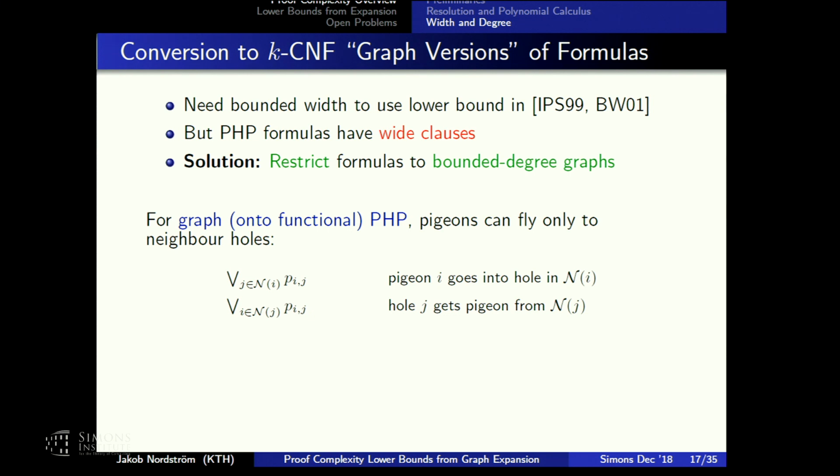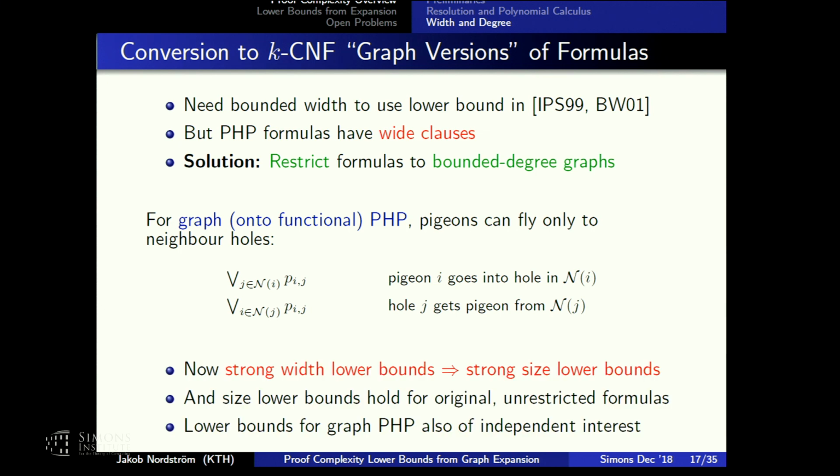Then you get a graph pigeonhole principle, and you have them in all flavors: vanilla, onto, functional, etc. Now if I can prove a strong width lower bound for these formulas, then that gives me strong size lower bounds for these formulas, which must obviously hold also for the unrestricted formulas. Plus, we sort of obsess in proof complexity about the pigeonhole principle formula, so we're also very interested in graph pigeonhole principle formulas.